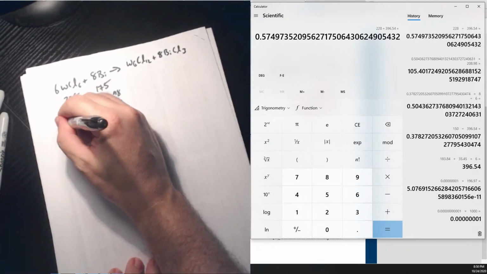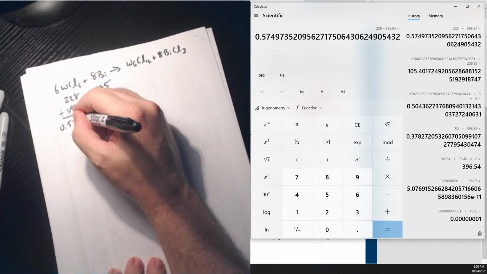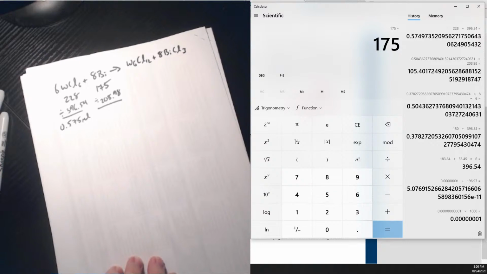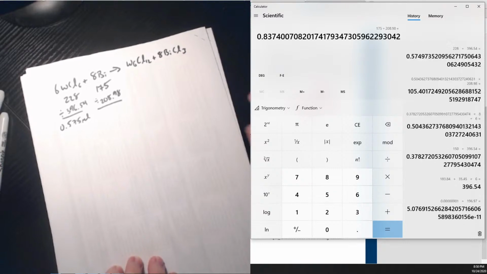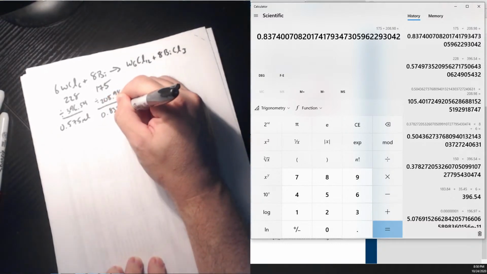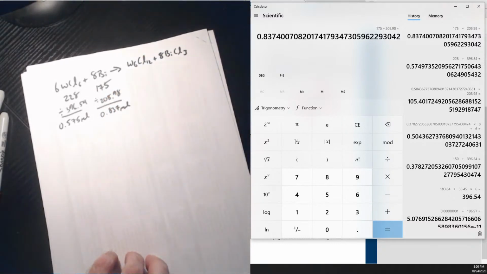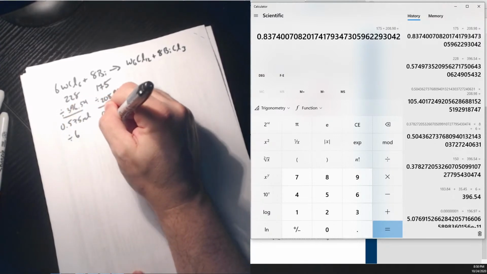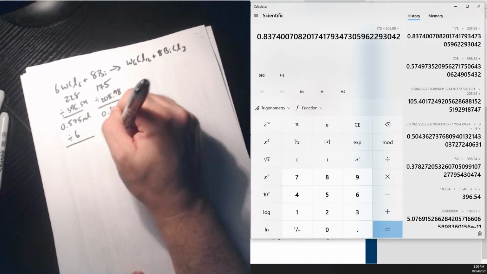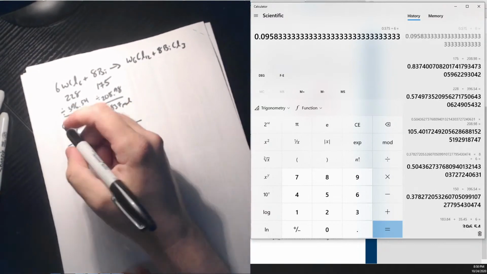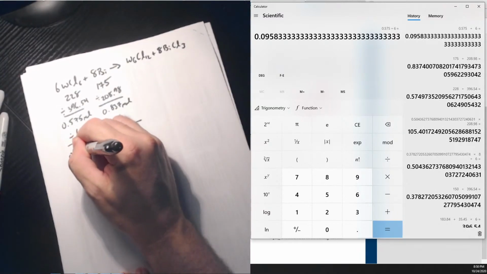So 0.575 moles of this guy and 0.837 moles here. It's going to be the tungsten hexachloride, but we divide by each of these. 0.575 divided by 6, 0.0958.